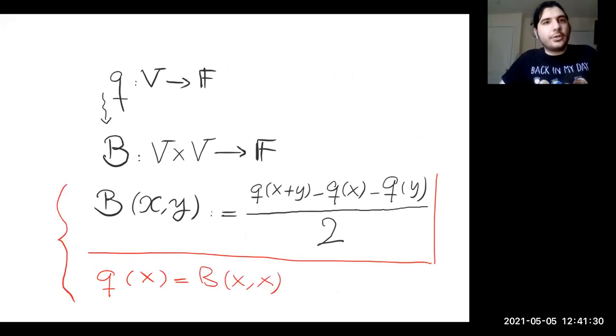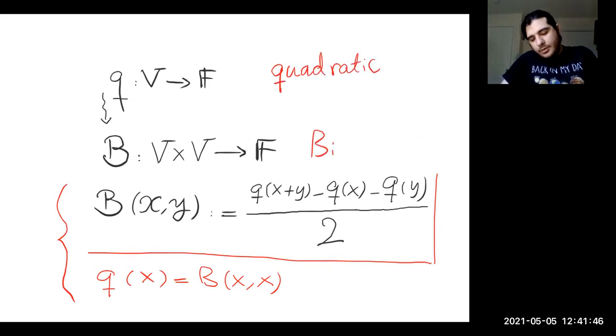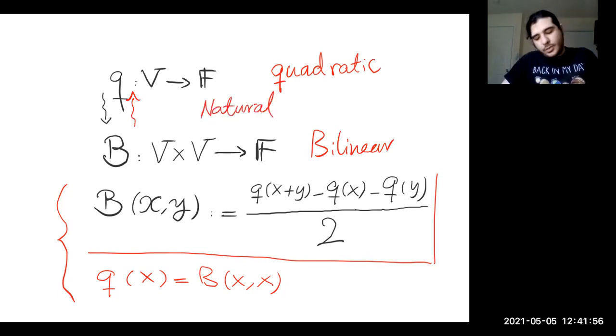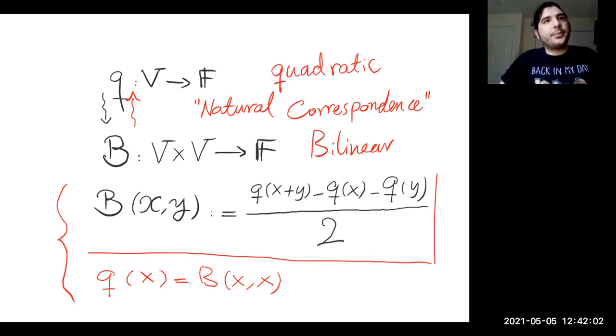These definitions don't use any specific matrix, although when we want to show it by a matrix, we fix a basis, but the definitions themselves don't use a matrix. So this way of going from quadratic forms to bilinear forms and going back is what is usually called a natural correspondence. You don't even need to fix a basis.